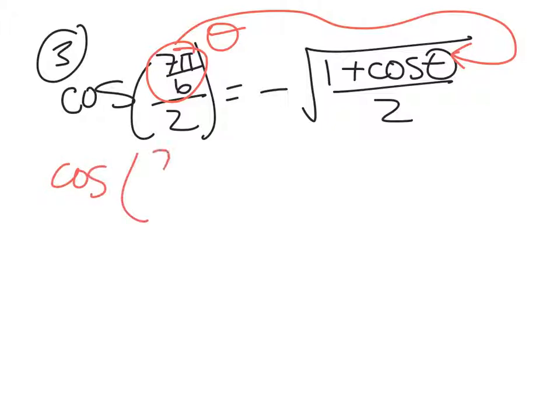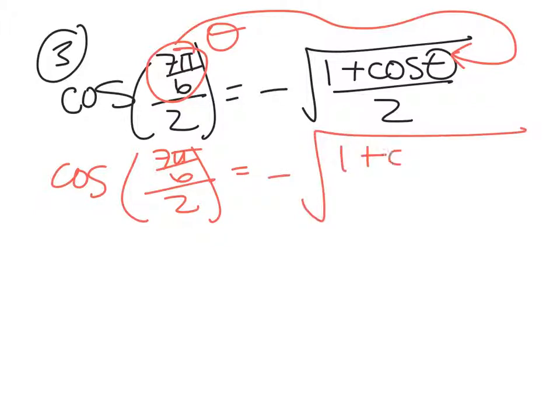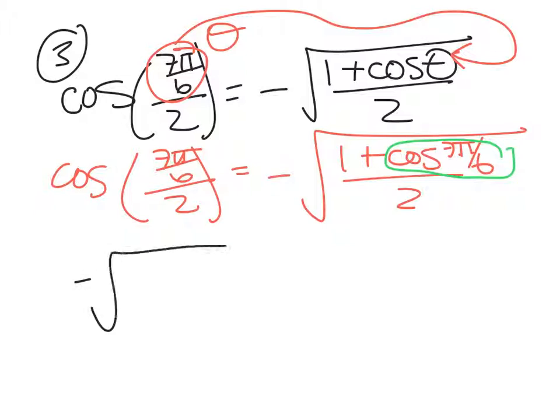So my cosine of 7 pi over 6 over 2, which is 7 pi over 12, is negative the square root of 1 plus cosine 7 pi over 6, all divided by 2. You look cosine of 7 pi over 6 up on your unit circle, and that is negative square root of 3 over 2. It's in the third quadrant and it's negative.